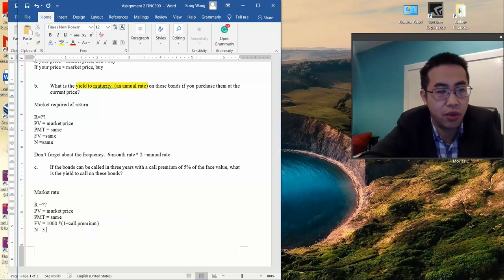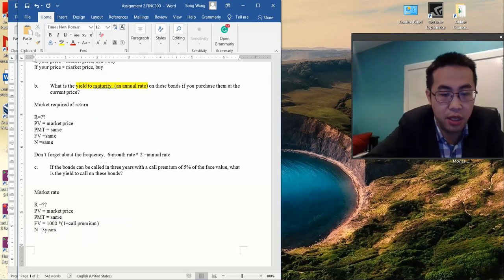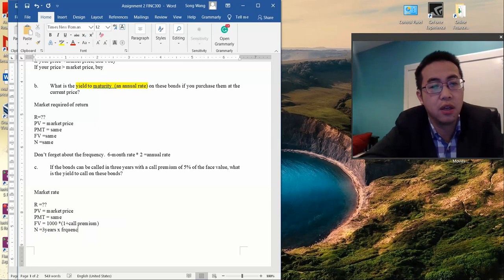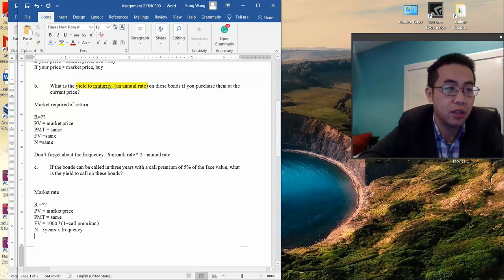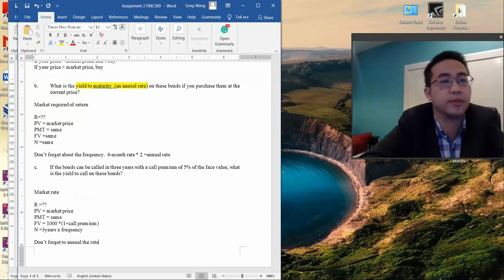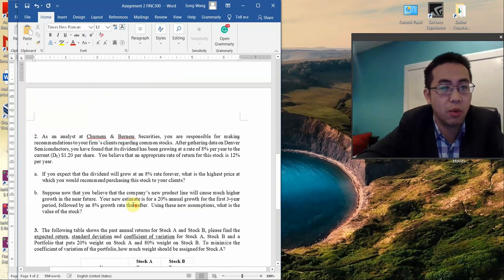Instead, it exists for 3 years times the frequency. So you should know how many periods the bond got paid off from the date it was issued to the date it got called back. Okay, so that's for question number 1.